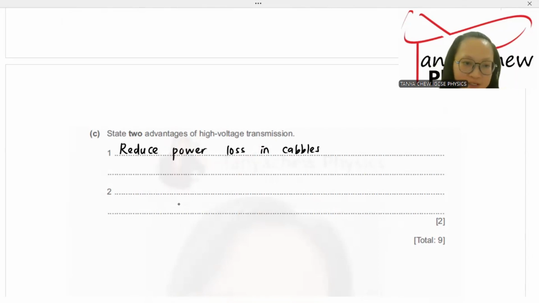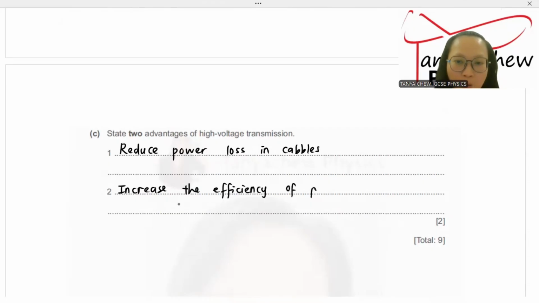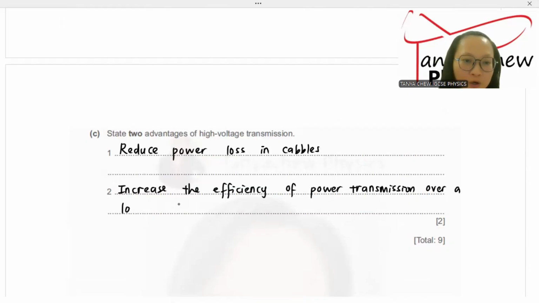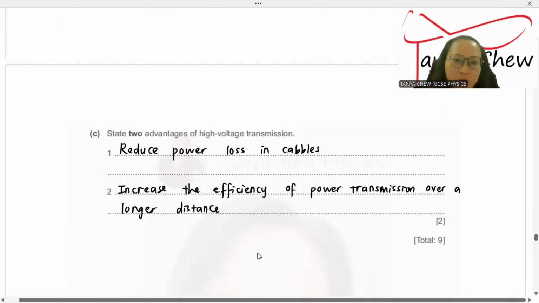And since the power loss is reduced, it could also increase the efficiency of power transmission over longer distances, because the power station is not built close to our household. That is why we need it to be as efficient as possible.